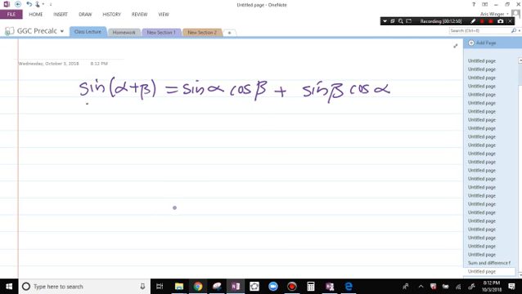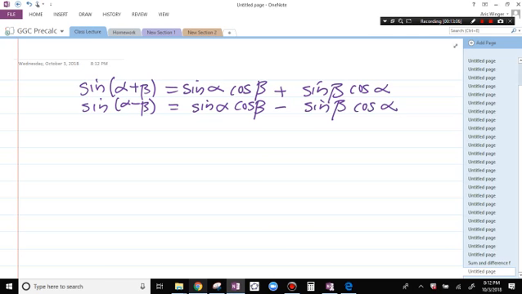If you put a minus sign in this, sine alpha minus beta, then all that happens, because the sine is an odd function, is that a minus sign shows up. That's the next one.